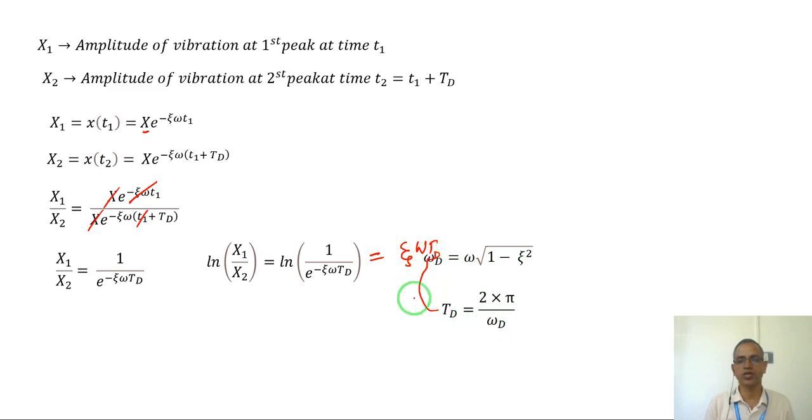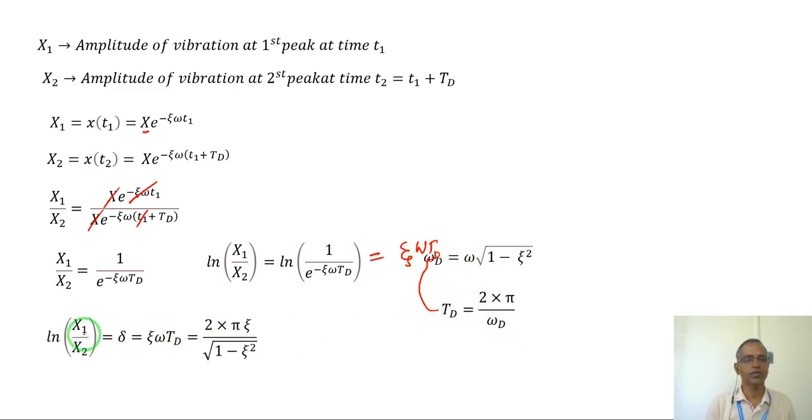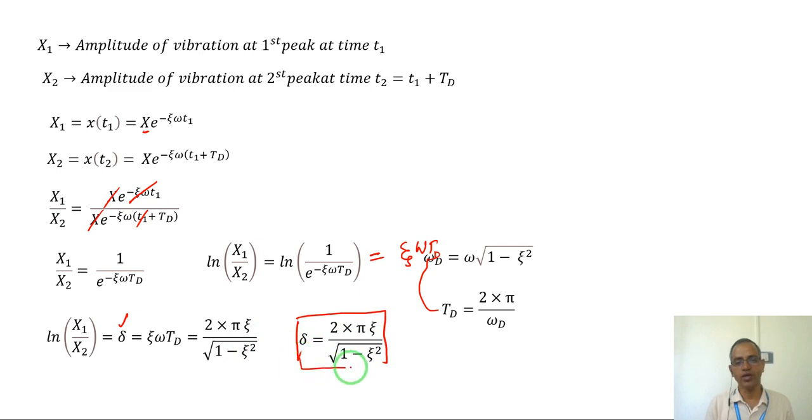Substituting this Td, ln of x1 by x2, which is nothing but my logarithmic decrement delta, equals xi omega n Td, where Td is 2 pi by omega d, and omega d is omega n into the square root of 1 minus xi squared. So this is my logarithmic decrement and damping ratio relation. If xi is sufficiently large, I have to use this equation.